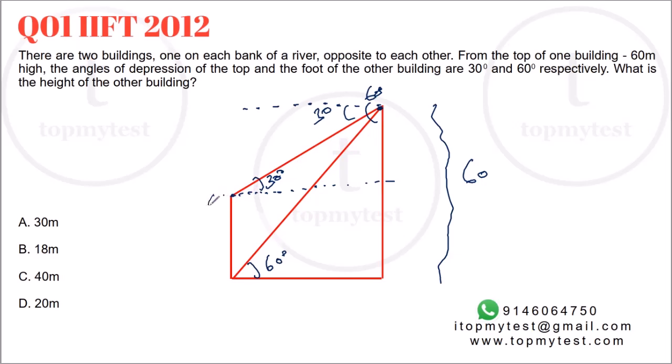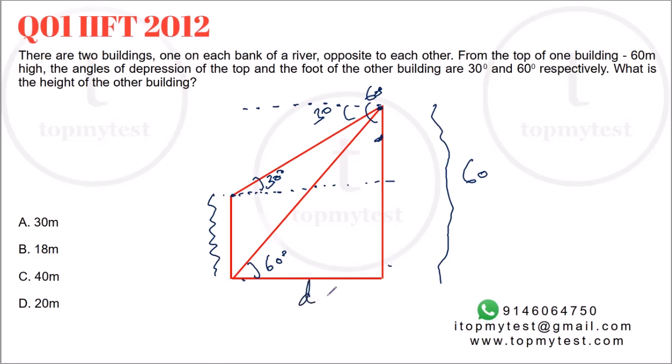Now I need to find the height of the second building. From these two triangles, I can find this height by using the distance between the two as a common value.